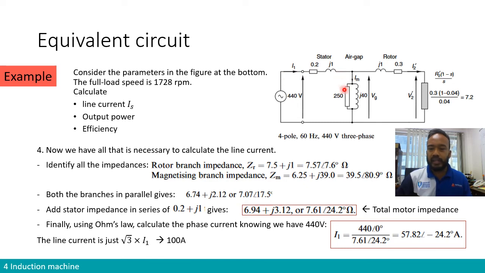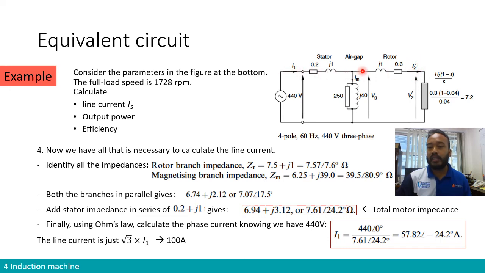If we look at this circuit over here, we need to first identify the impedance of each branch. We can see there is one branch where I1 comes in, and then it separates at this node into two branches, one branch of IM and another branch of I'2.